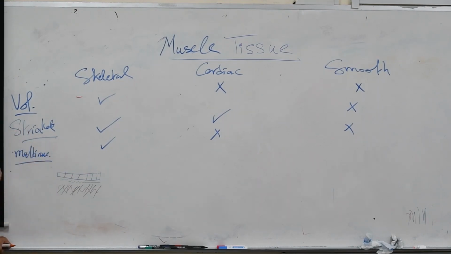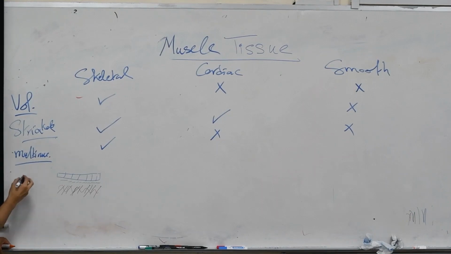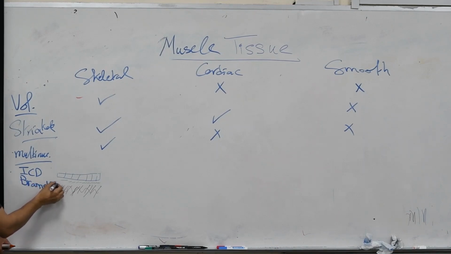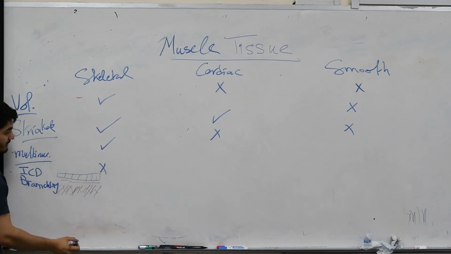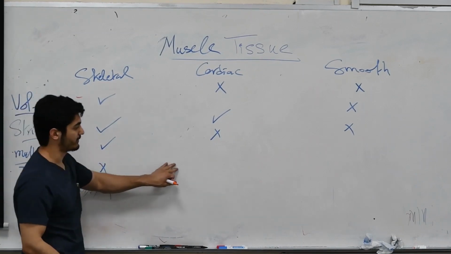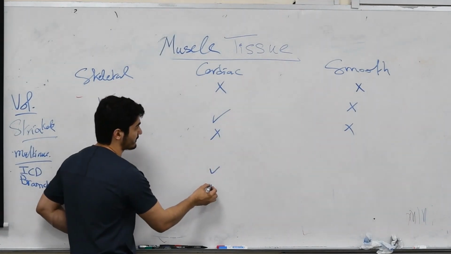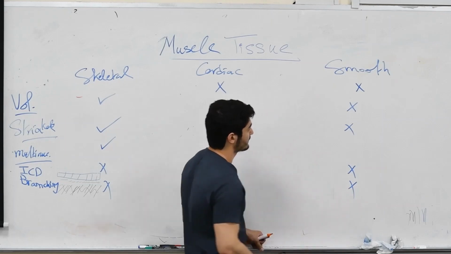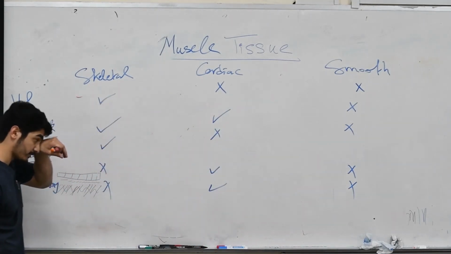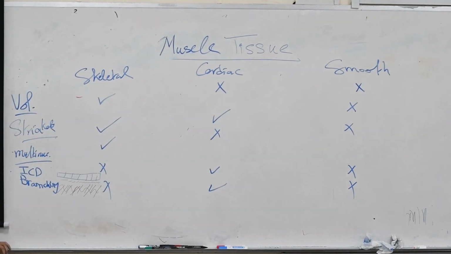They mentioned spindle shape, I'm not sure, but they mentioned it. There is the intercalated disc, and one is written as branching. Skeletal, does it have intercalated discs? No. Is it branching? No. Cardiac? Yes. Is it branching? Yes. Smooth? No. So memorize all of those. You have to know all of those.